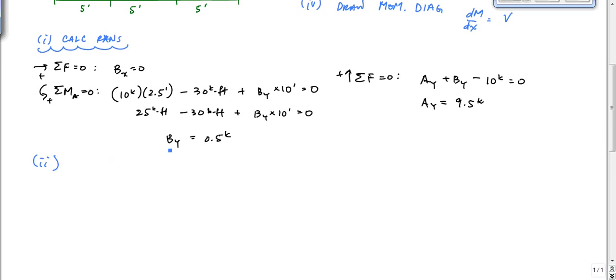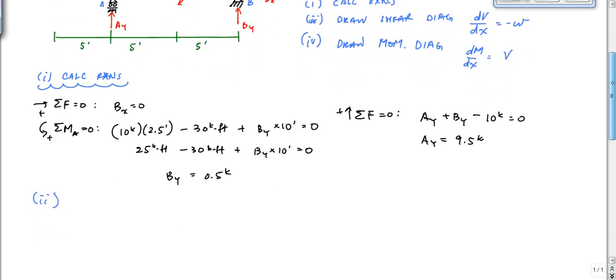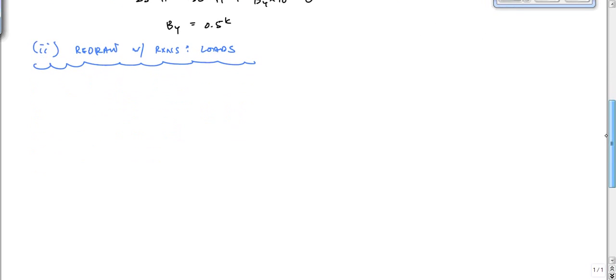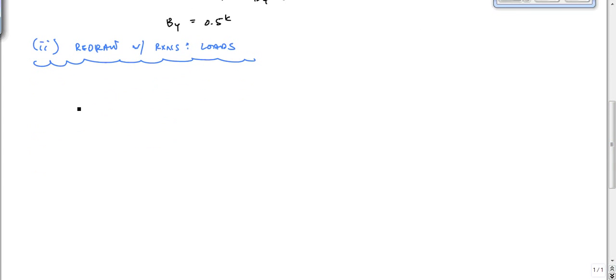I'd redraw this. This is a step that no one ever really mentions: redraw with reactions and loads, so that you have a clean drawing. Use a straight edge, be an engineer. Here we redraw it.